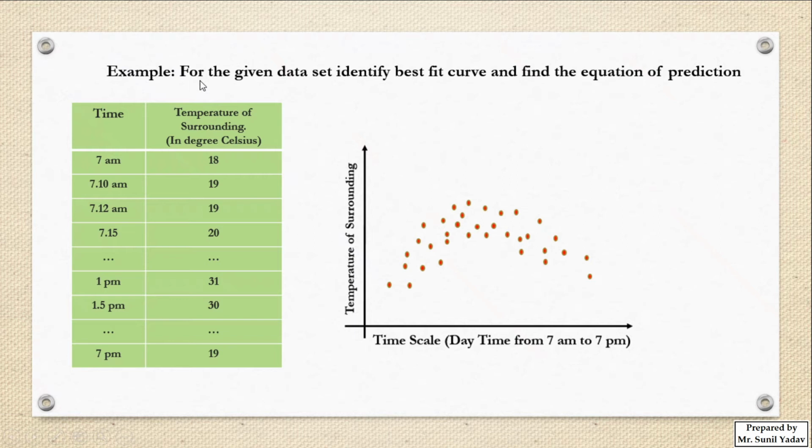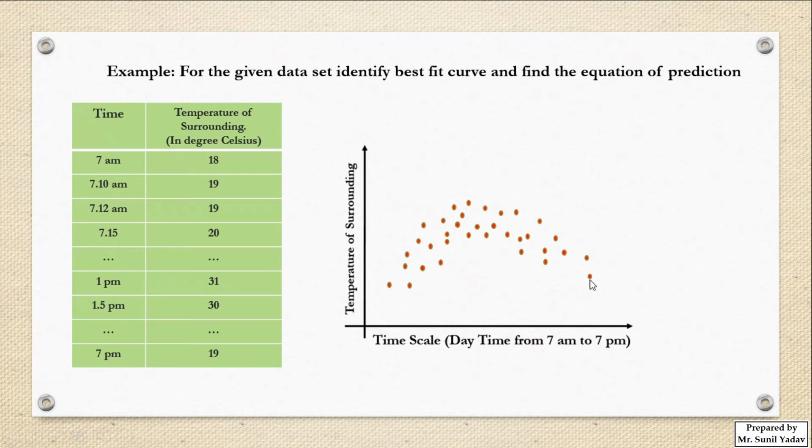Now in the example, they are saying for the given data set, identify the best fit curve. Here we have to identify what type of curve will fit that particular data. Whether a straight line curve will work or not, that we have to identify here, right? So first we'll see the nature of this curve. This curve says that at the beginning, when the morning session was going, at 7 a.m. the temperature was low, something around 18 degrees Celsius.